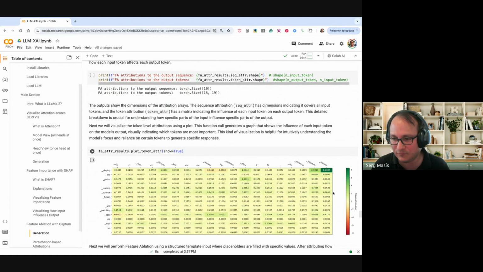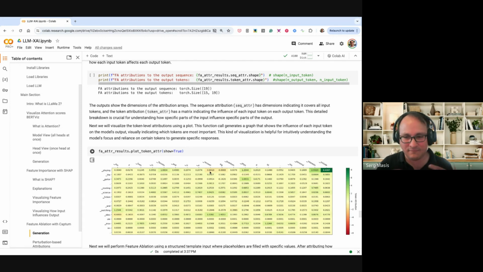In terms of token attribution, it's fairly intuitive to see that playing connects to include, physics connects to playing, and guitar to physics to a certain degree.